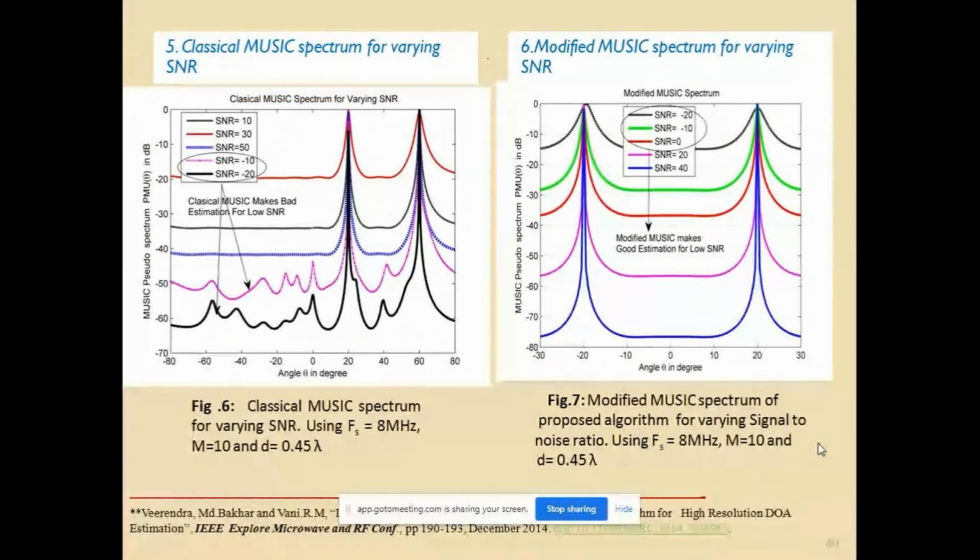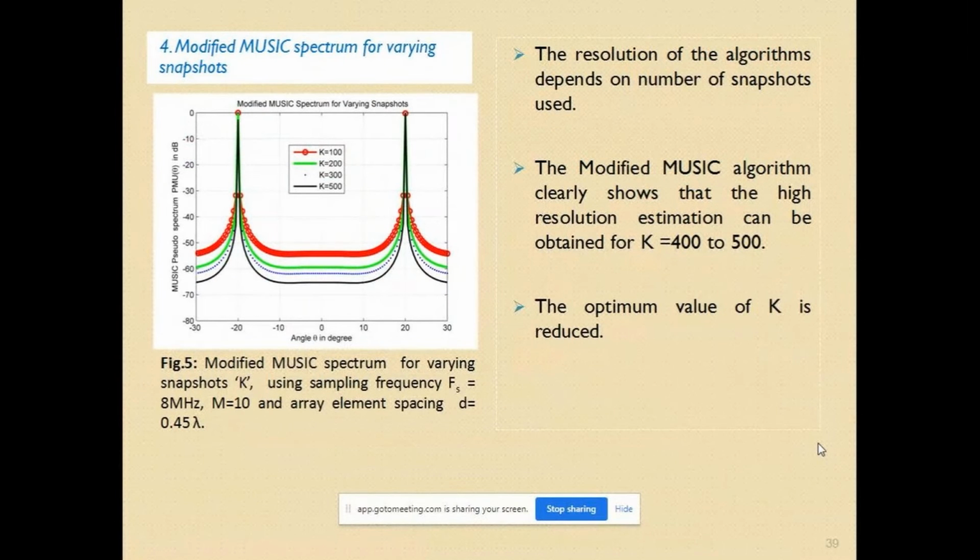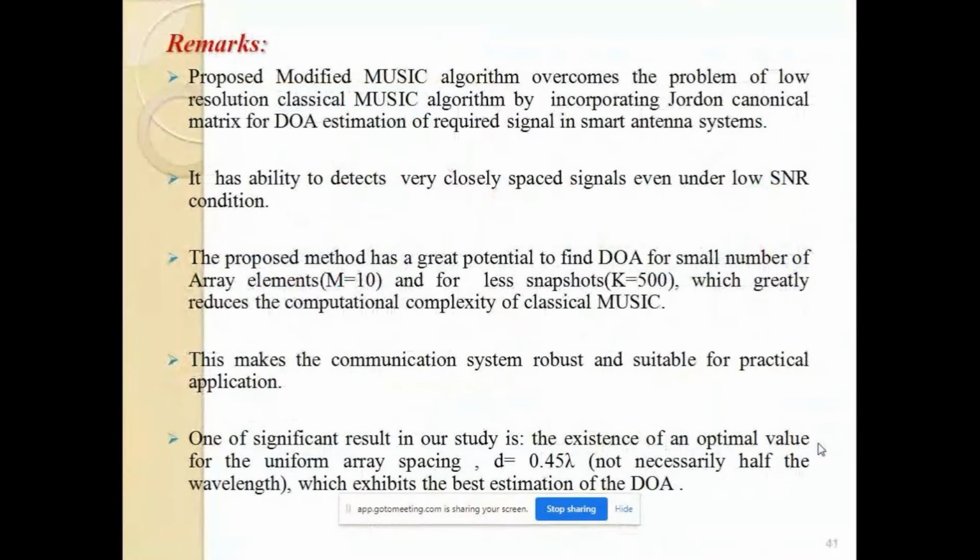Another important thing we have noted is that even for a small number of samples, the algorithm estimates the direction of arrival accurately. This is important for a communication device, because the computational complexity of the algorithm can be significantly brought down.